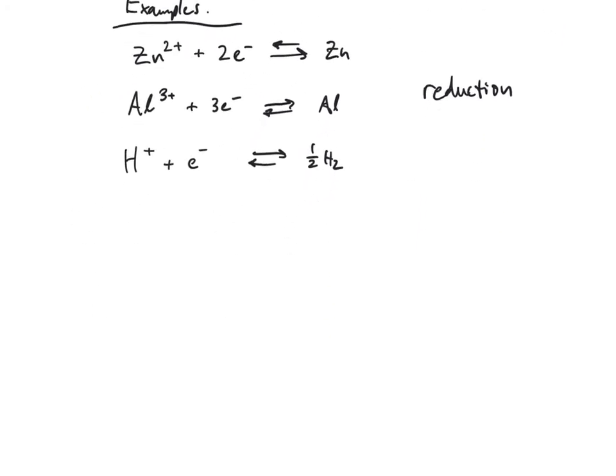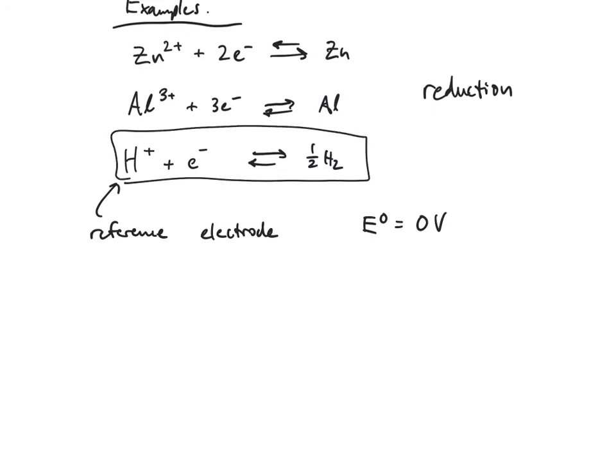This reaction down here at the bottom is called the reference electrode. And there's going to be a certain E0, standard electromotive force, and it's going to equal 0 volts for the reference electrode reaction. Each of these other reactions is going to have their own E0, but this reference electrode gets an E0 of 0 volts.